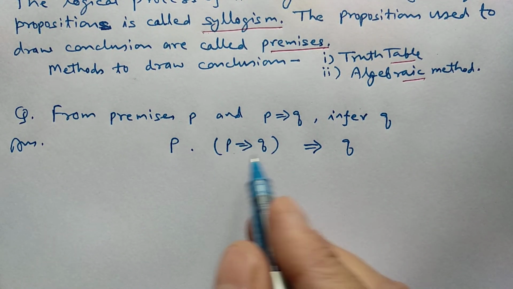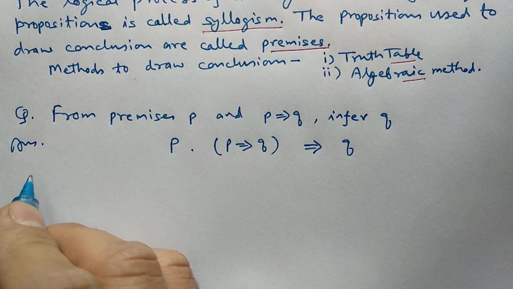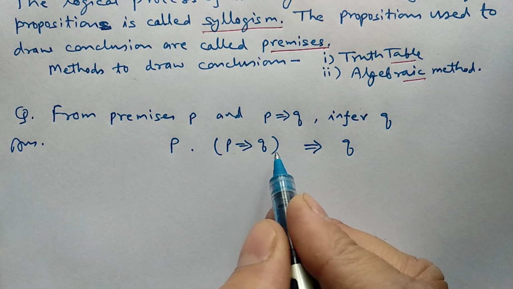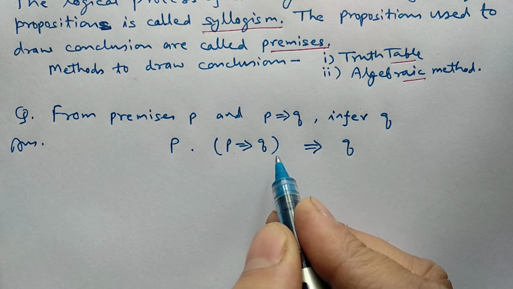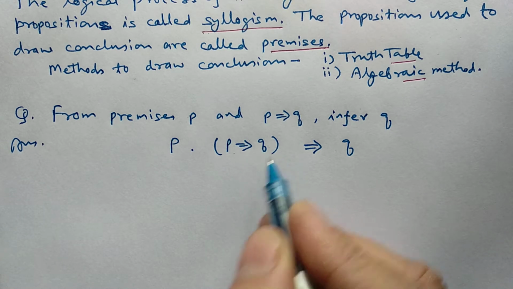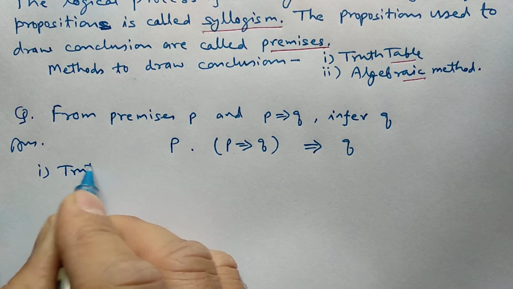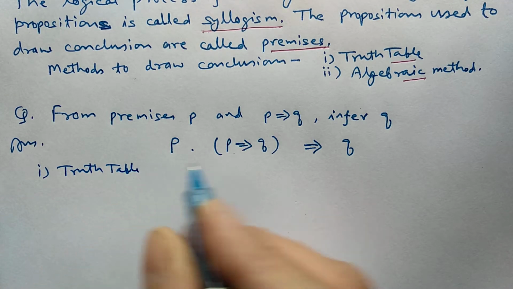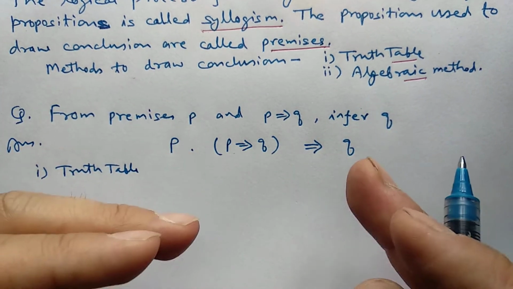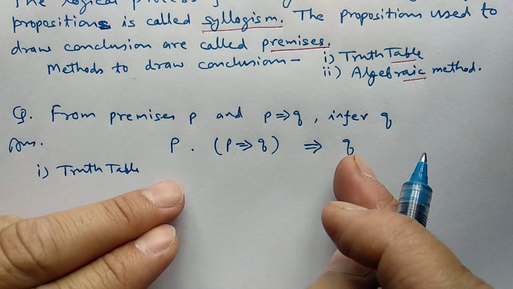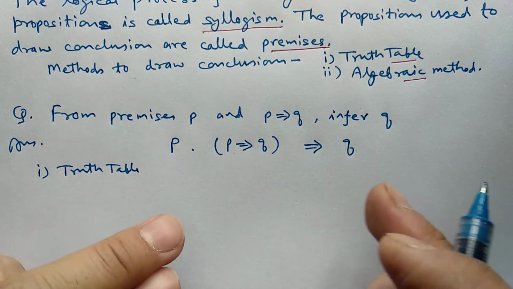Now we want to check whether we can successfully draw a conclusion from this. The first method is the truth table. The expression is successfully drawn only if it is a tautology, that is, the result of the given statement should be 1.